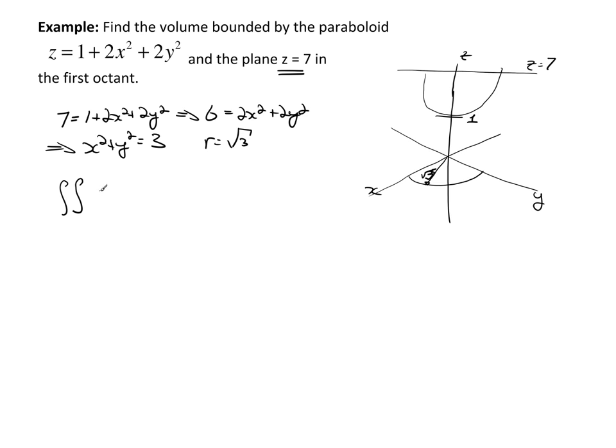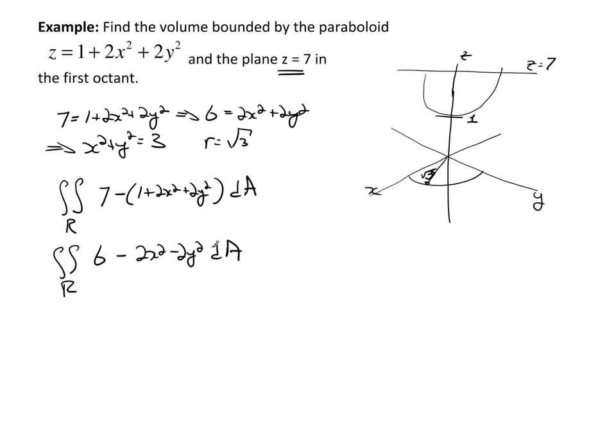To set it up without polar coordinates, I'm just going to say over the region, this is going to be 7 minus (1 plus 2x squared plus 2y squared) dA, which is going to be this integral over this region of 7 minus 1, so I'm just going to write 6, minus 2x squared minus 2y squared dA.